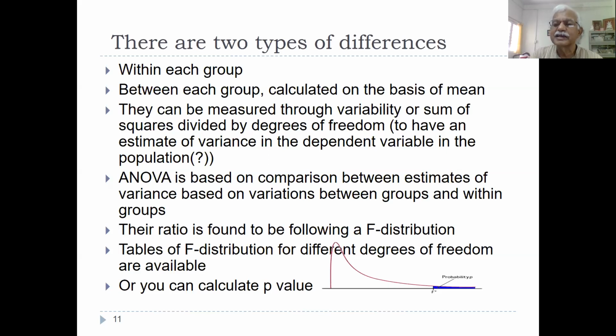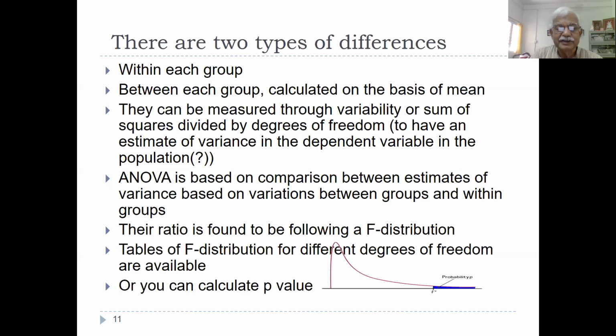Actually, you can have three different estimates of variance in case of this simple ANOVA. One based on total fluctuations, another based on between groups, and the third one based on within groups.